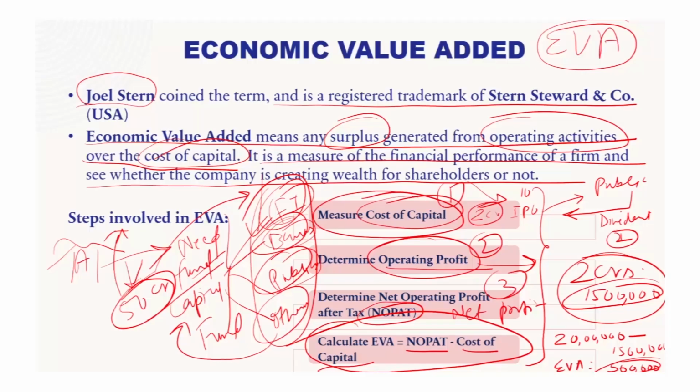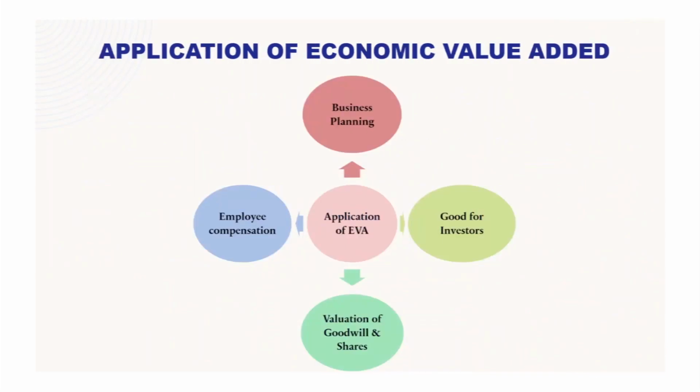So you have the understanding that profit is something else and EVA is a totally different concept. EVA will guide you on whatever operation you are making, after deducting the cost of capital, how much money you are paying for the capital for the project.